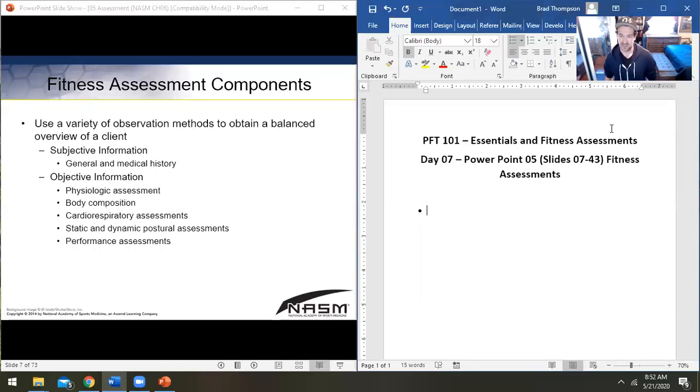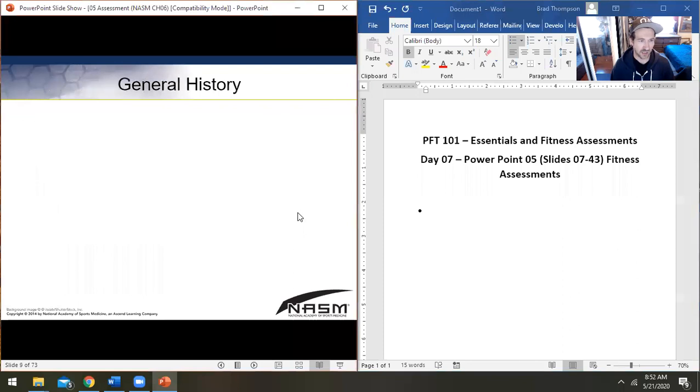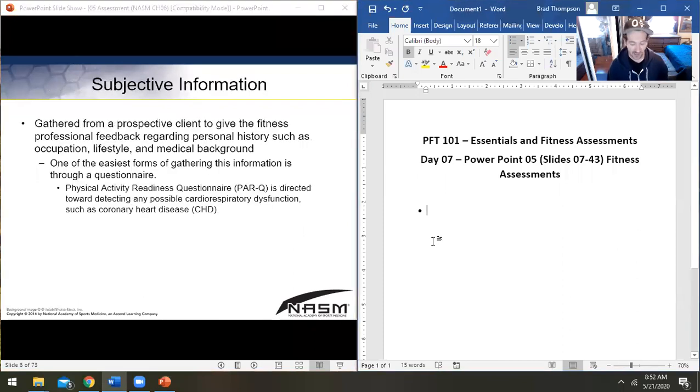Looking at an overall fitness assessment, it's going to consist of subjective and objective information. So again, defining it, subjective information is the stuff that you cannot measure. Subjective information is information about a client that cannot be measured, right?